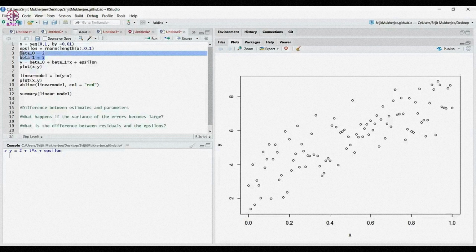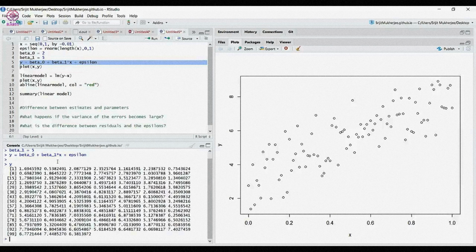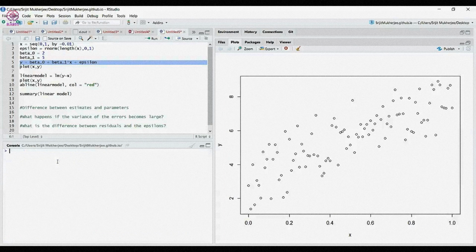Okay, let's save this in these variables and simulate. So y is equal to beta naught plus beta 1 x plus epsilon, which is what we want. So y is like this. Okay, so we have got xi's and yi's. We know the actual beta naught and actual beta 1, which you actually don't know in many statistical problems. It is just for experimental purposes.